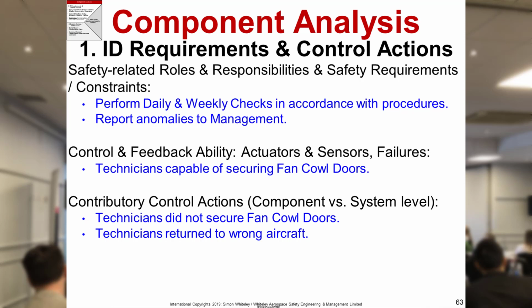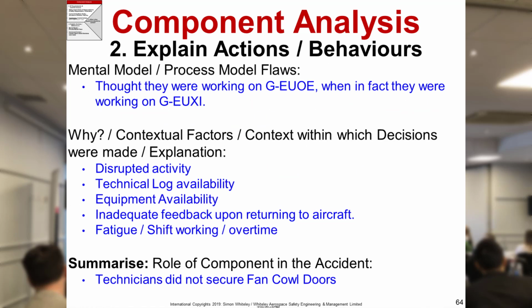From a contributory control actions perspective, the technicians did not secure the fan cowl doors, and they returned to the wrong aircraft. From a mental model and process model flaw perspective, we already talked about the fact that they returned to the wrong aircraft. So they were performing the activity but on the wrong aircraft, and they were not aware of that. And when we talk about why that is and what the contextual factors are, we can talk about disrupted activity, because obviously they had 7 different aircraft to work on.